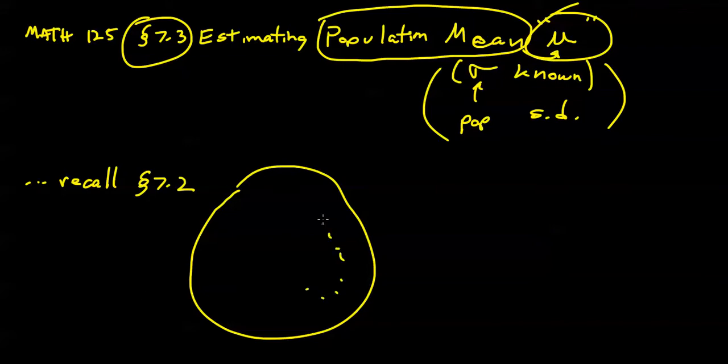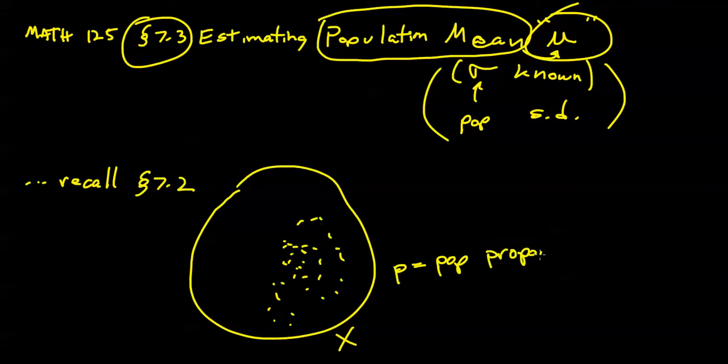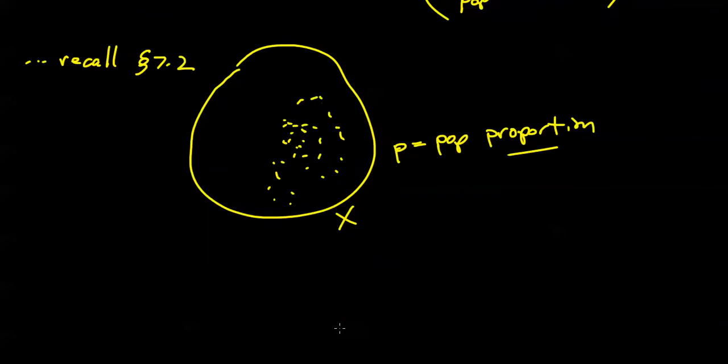If we've got some huge population, and we're talking about some characteristic of interest, be it left-handedness, high blood pressure, any characteristic of interest, if I had some population X, where X represented all the numerical measurements of this population, little p was our population proportion with some characteristic of interest. Recall little p, we never really know for sure because populations are so huge.